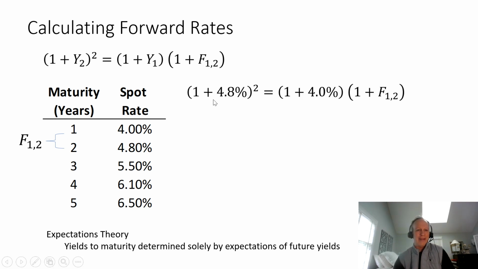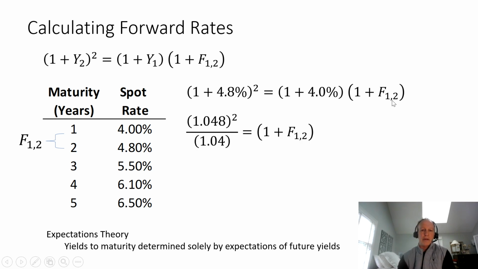So just plugging in the numbers here, 1 plus 4.8% squared, that's what we could guarantee ourselves today by investing in that 2-year note. Or we can invest in the 1-year note today, get 1.04, and then roll it into whatever rate that is in the future. We're going to solve for F12. Rearranging the terms here a little bit, we get this equation.